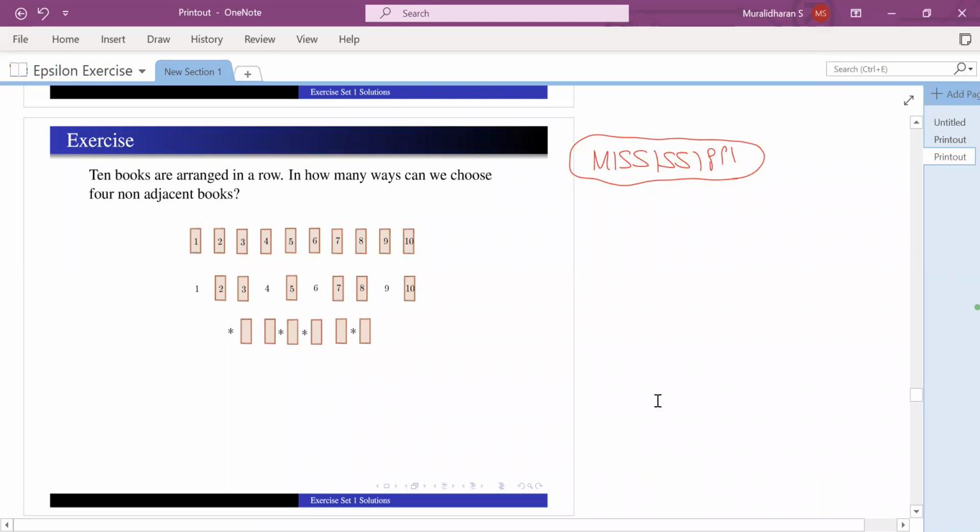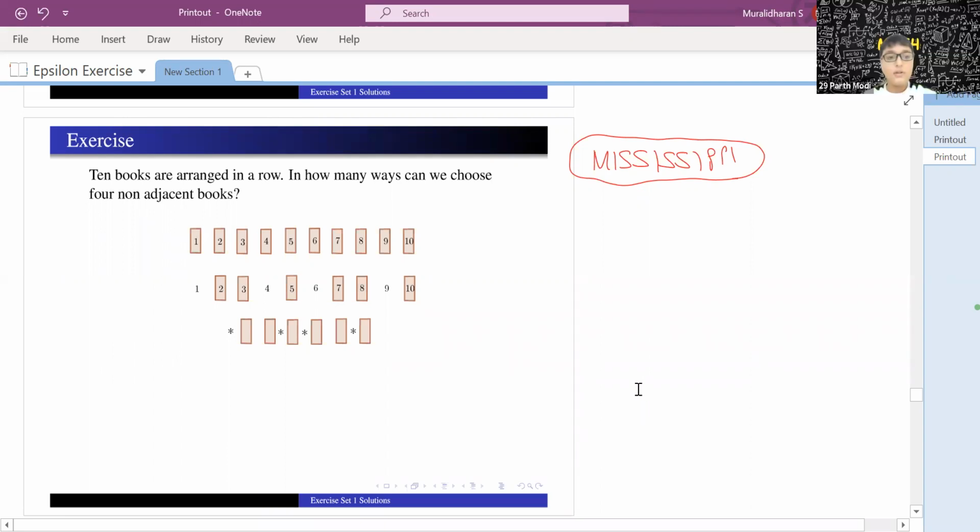In this, what I did, we have to arrange four books so that none of them are adjacent, and we have a total of 10 books. So if we arrange 1, 2, 3, 4, 5, 6 books in the center, then I don't know how to explain, but we should get 7C4, which is 35.